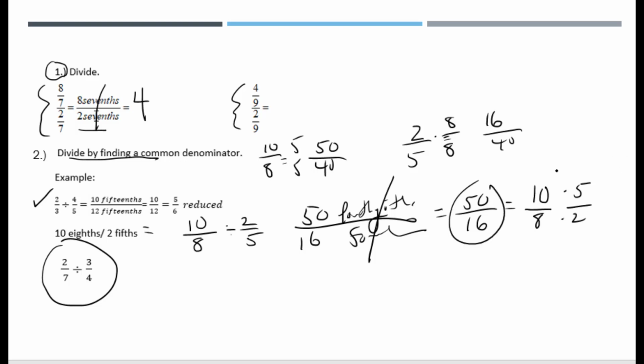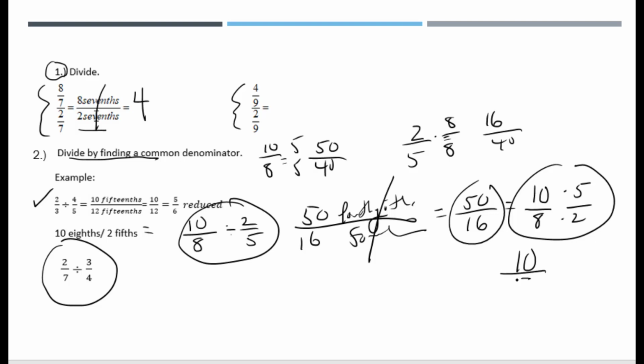So this is the same as this, and so 10/8 divided by 2/5, again you can see it's the same as 10/8 times the reciprocal 5 over 2. So it's kind of reinforcing the idea that dividing is the same as multiplying by the reciprocal. So you can try that one here. Try doing it with finding the common denominator here.